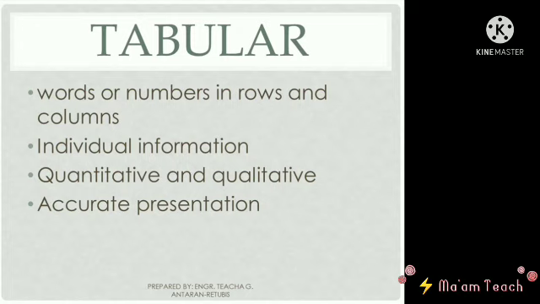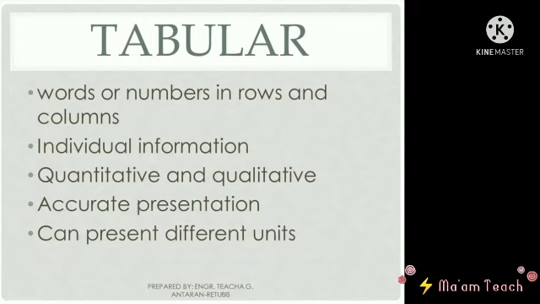Another advantage, class, is that you can present different units together in a table. Like for example, class, you want to present simultaneously the blood pressure and the heart rate. Let's say for example you're a nurse, you wanted to present the number of drugs administered, or maybe the anesthesia of that time.